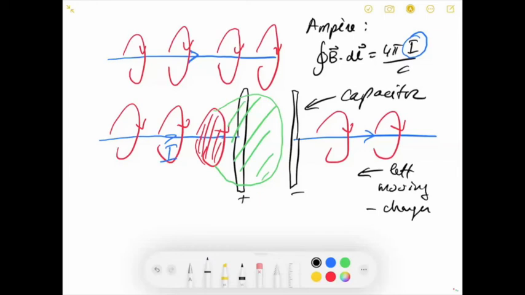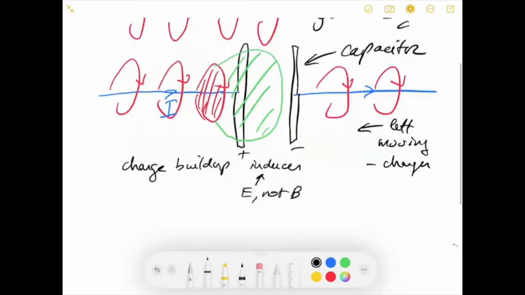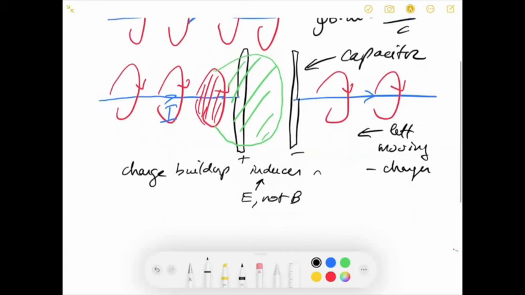So the charge buildup, and this is the electric induction, E, not B, induces opposite charge in the other plate.